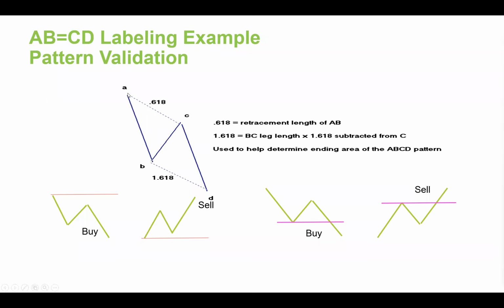So being able to very easily find out where that C to D leg might be completing, we can also use this fib ratio to see if we have some confluence with that completion point. And then as technical analysts, we can also look at some other things to see if we can find more confluence, not just with fib ratios, but with other technical analysis tools.